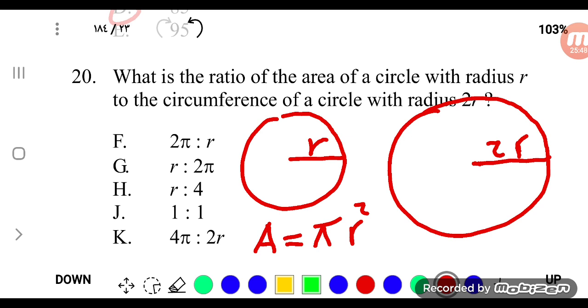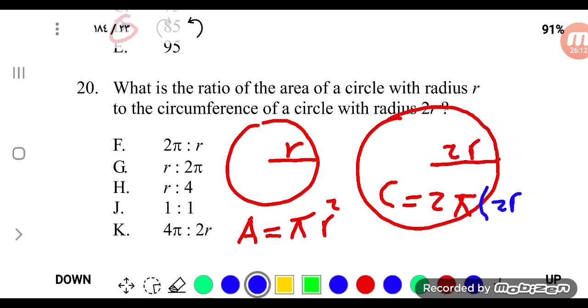Circumference of the circle with radius 2r: circumference is 2 pi r, so I multiply 2 pi times 2r, and the circumference in this case will be 2 times 2, 4 pi r.